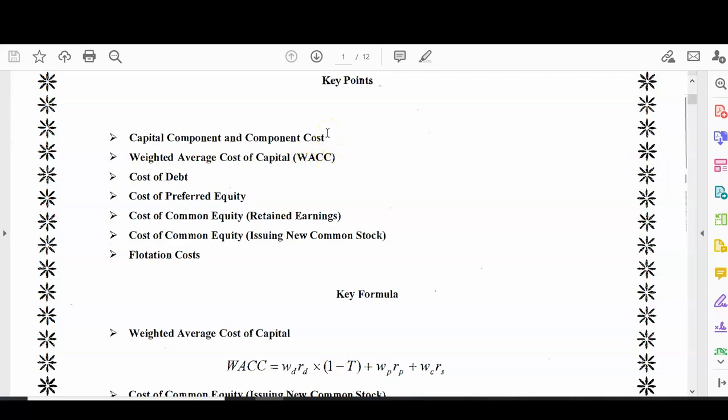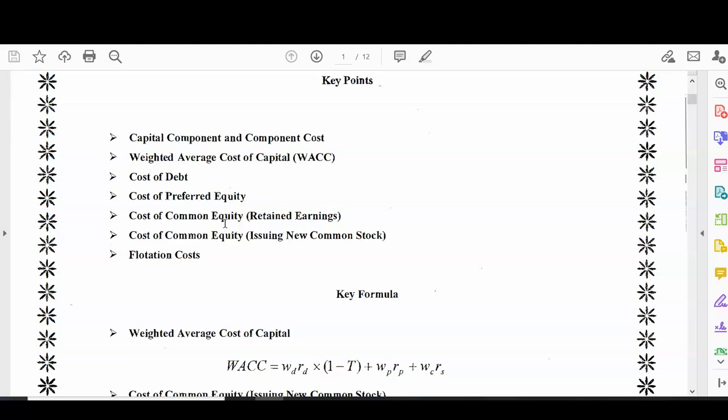We have mainly three component costs: cost of debt, cost of preferred equity, and cost of common equity. These are the three major ways for a firm to raise capital: by debt, by preferred equity, or by common equity.